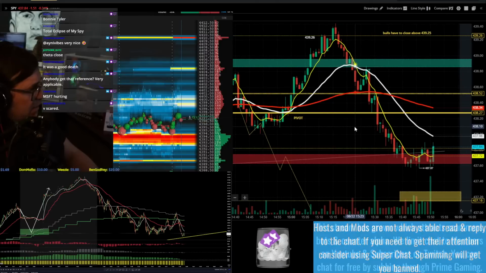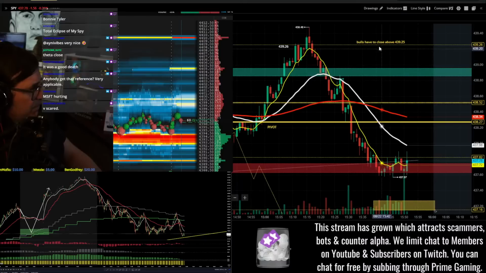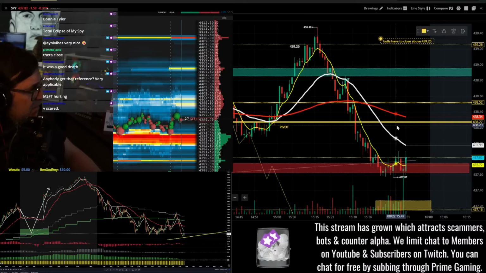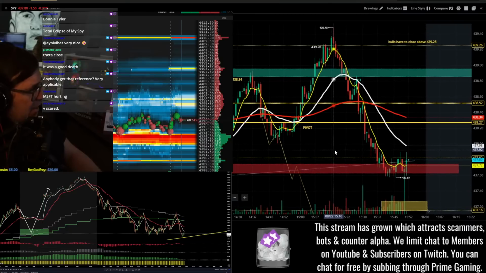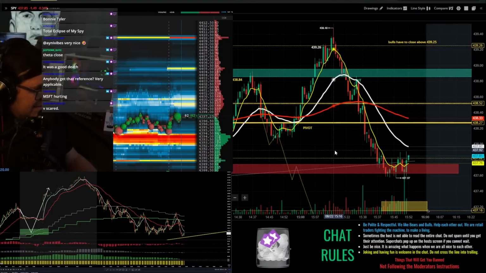If we close below 439.25, looking for end of the week on Friday, a price target into Friday of 427. So 427 between now and Friday, possibly Monday.